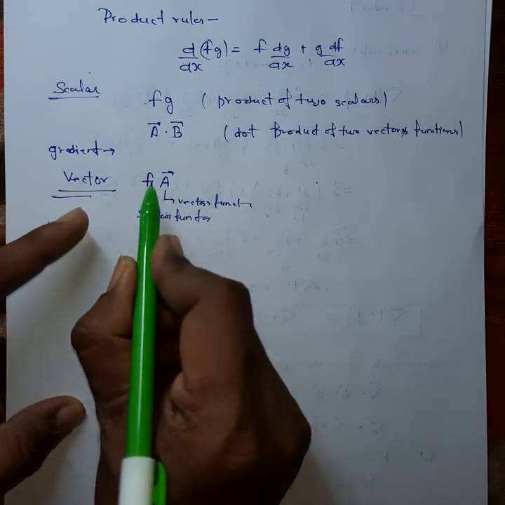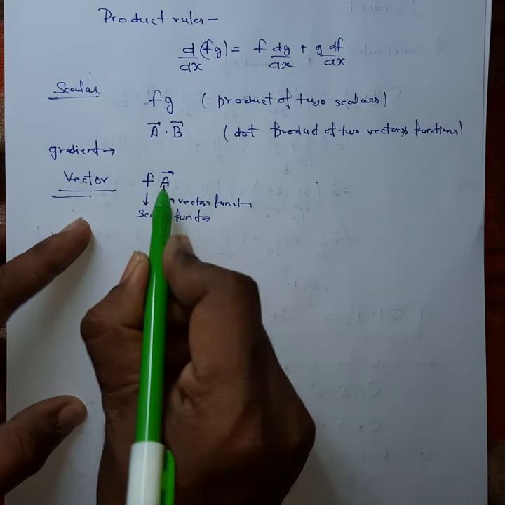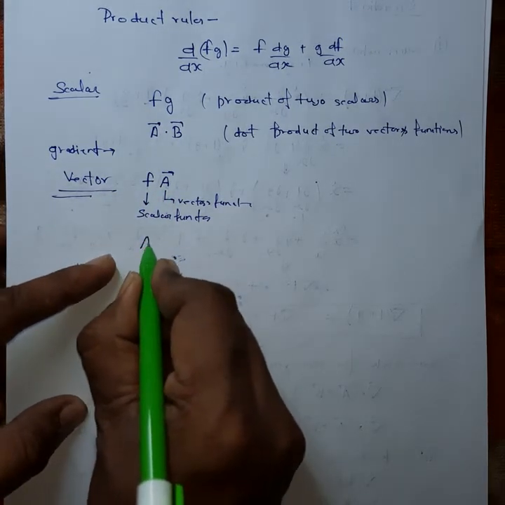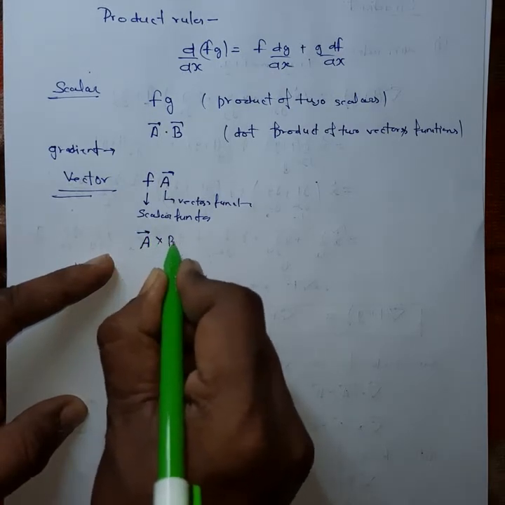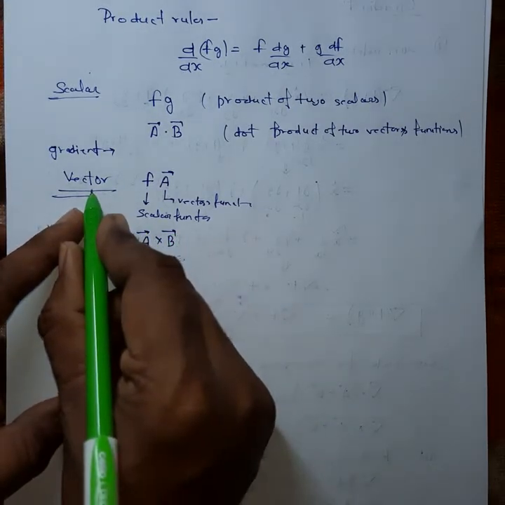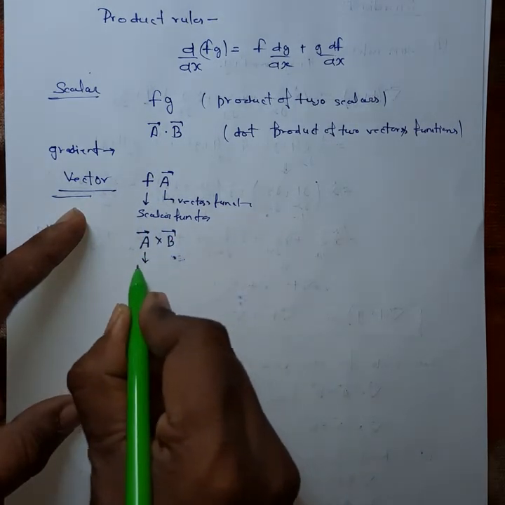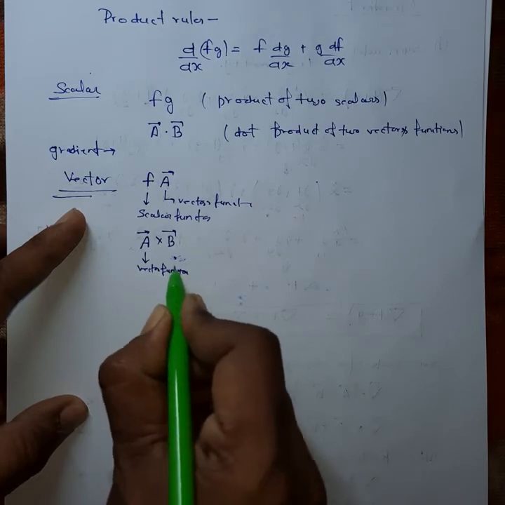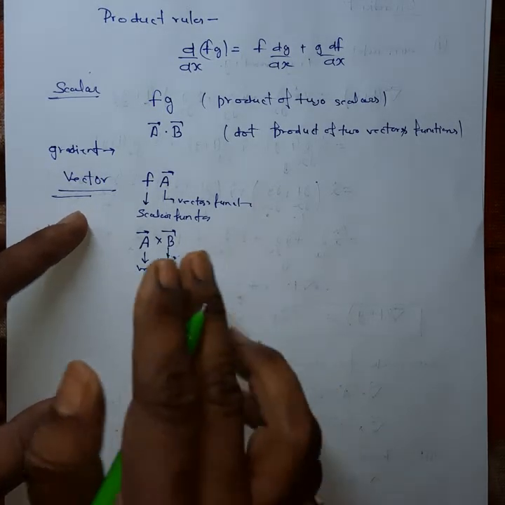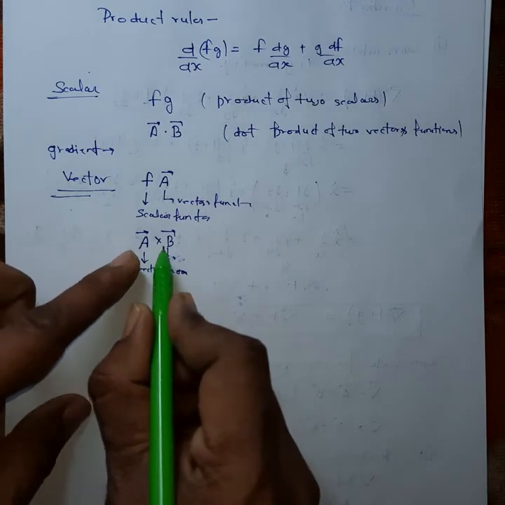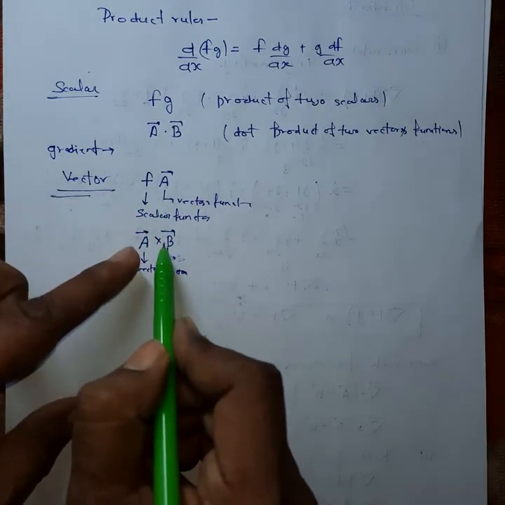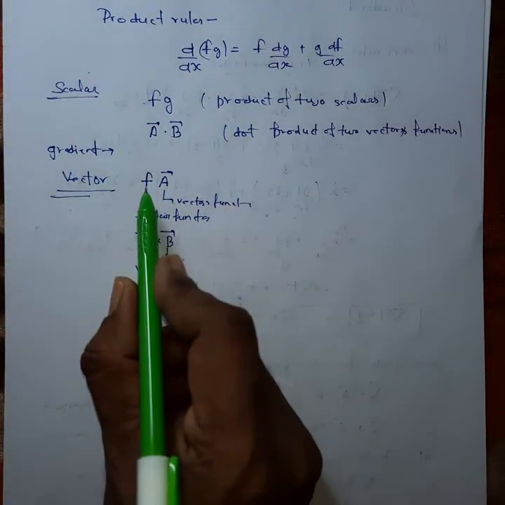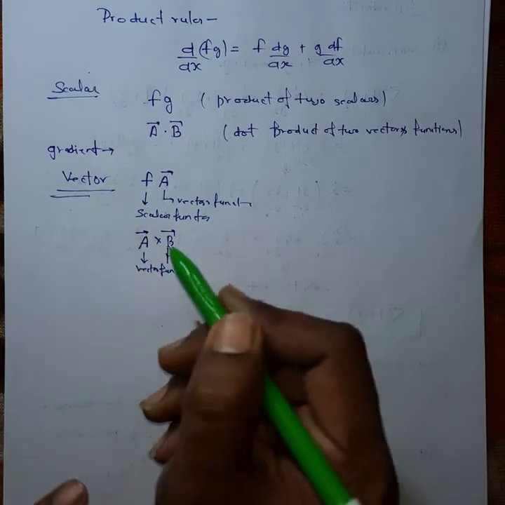If you multiply a scalar with a vector, it will give you a vector. Similarly, you can take the cross product of two vectors, a vector cross b vector, which will also give you a vector function. So the product of two vector functions gives you a vector function, and the product of one vector and one scalar function gives you a vector function.